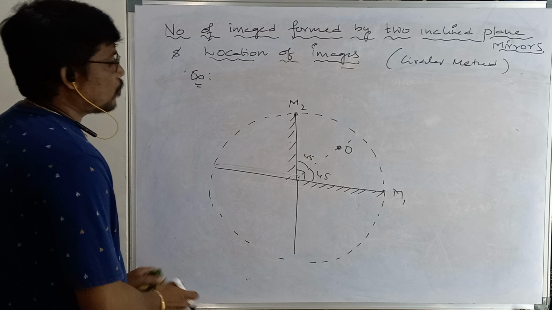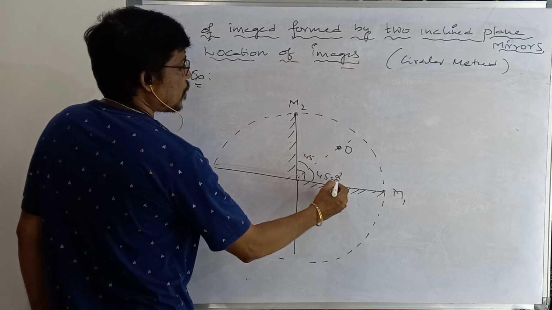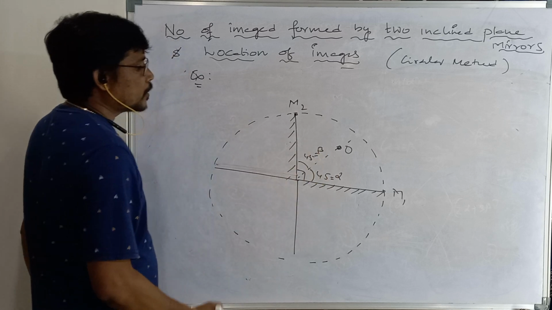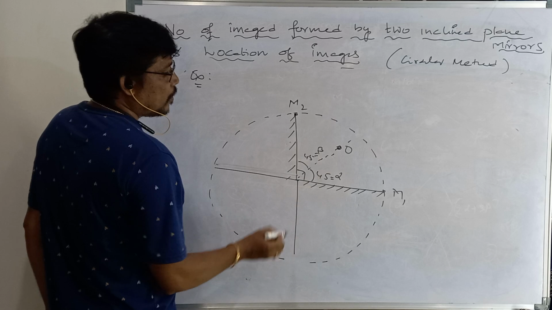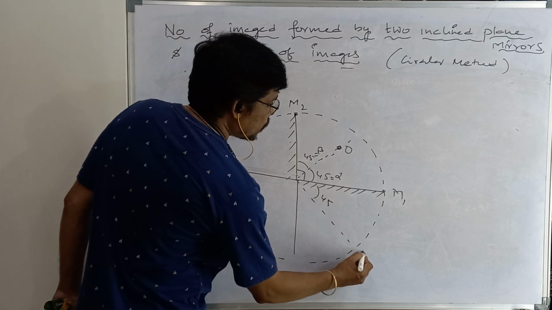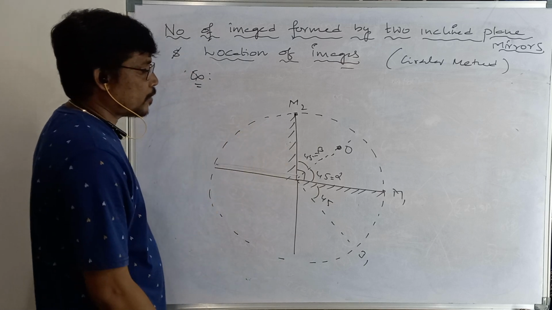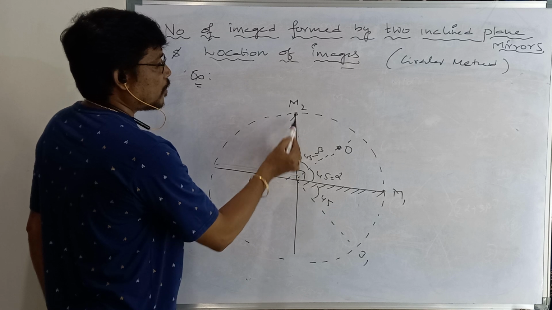Now, what is the first angle? First, this is alpha. Let us suppose this is alpha. This is beta. Now, this object will act as an object for this mirror and form an image at 45 degrees. This is I1. First one, as you know the procedure. Now, this object is for this mirror.